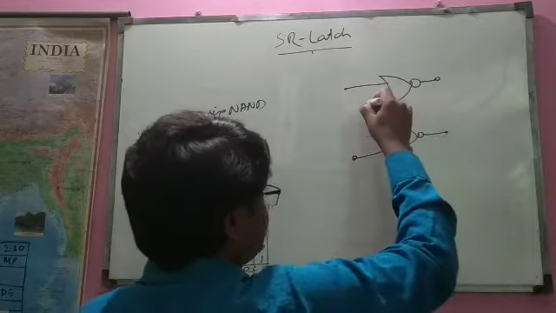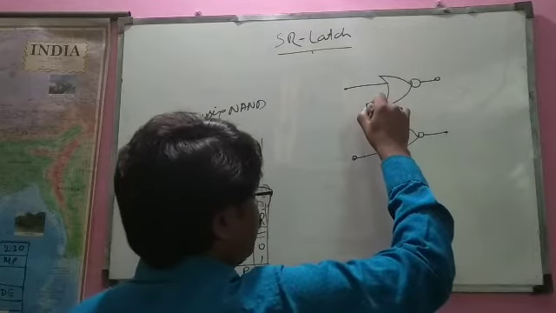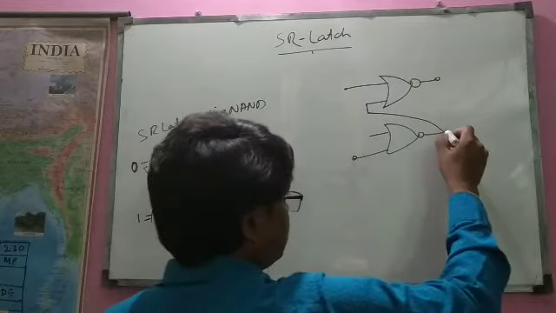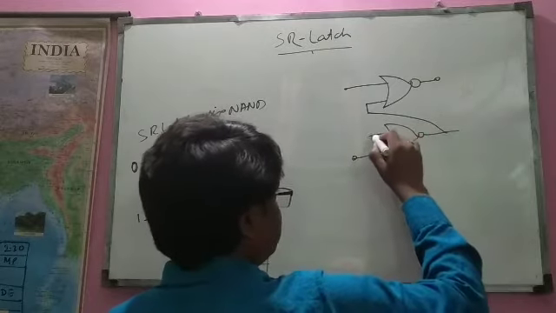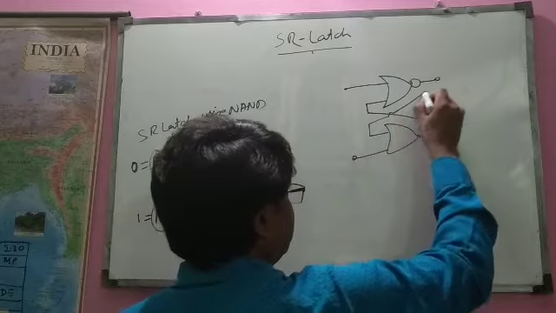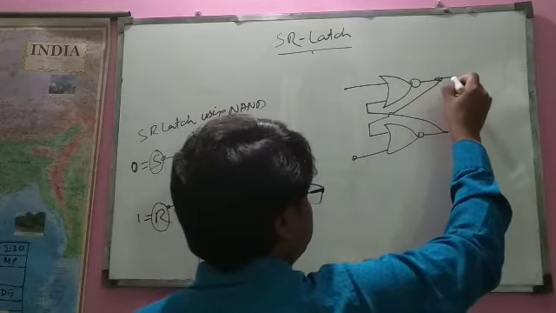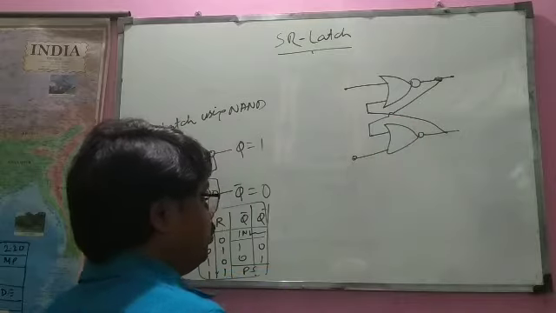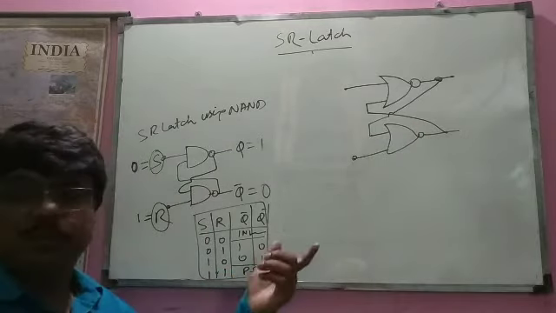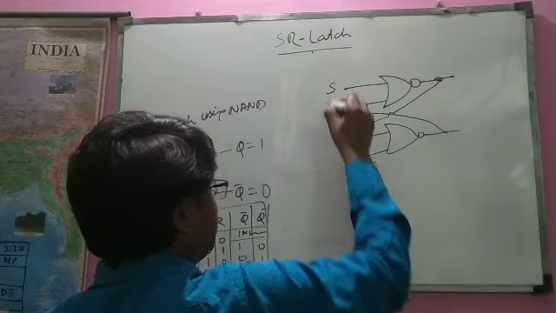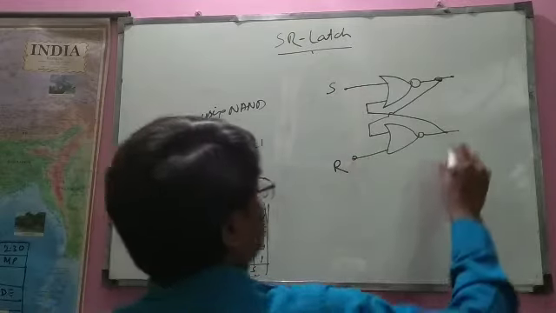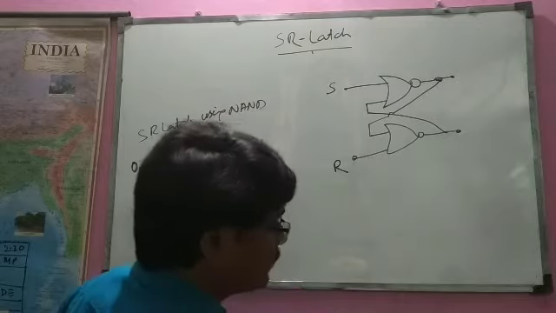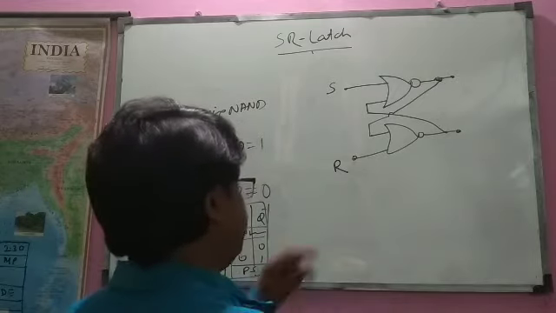So we will connect one input of the first NOR gate to the output of the second NOR gate, and the output of the first NOR gate will be connected to the input of the second NOR gate. Okay, so it is similar. This is S and this is R. Okay, but it will be different. Its enable is different.